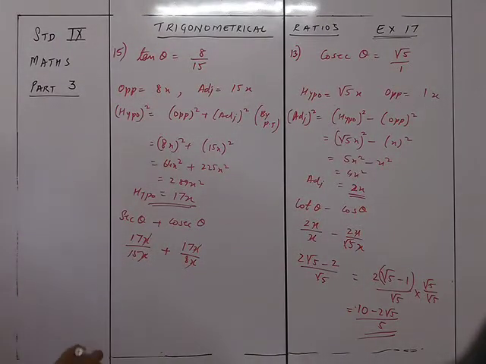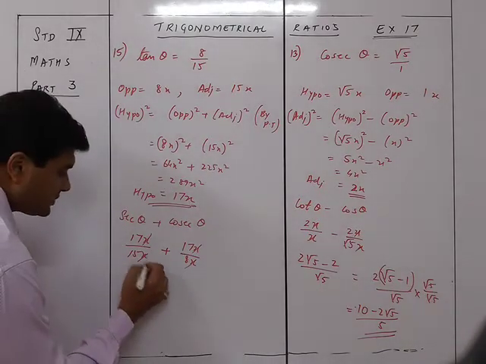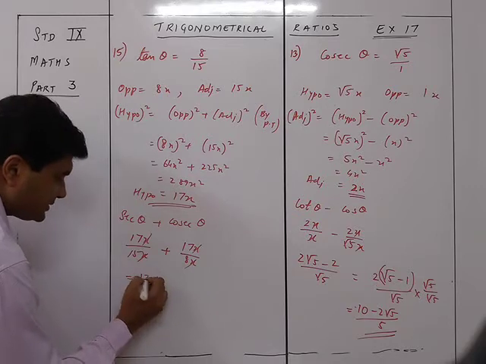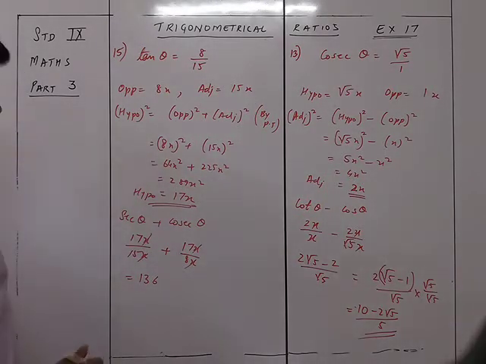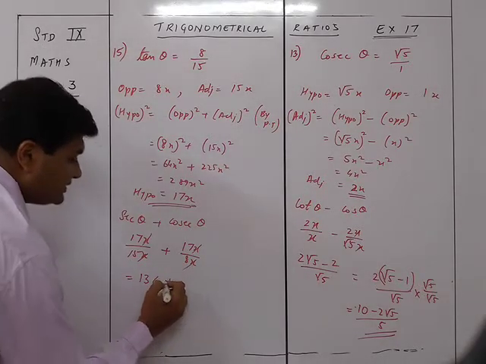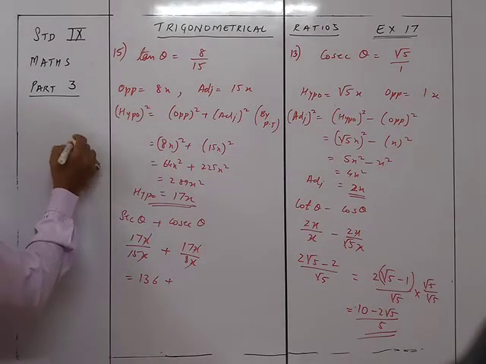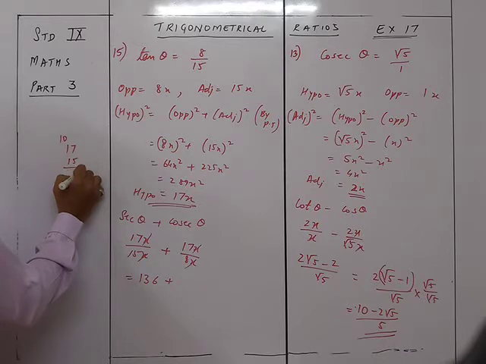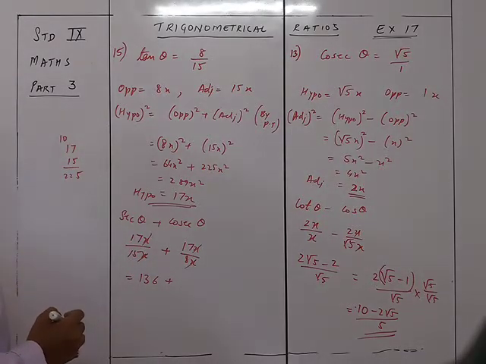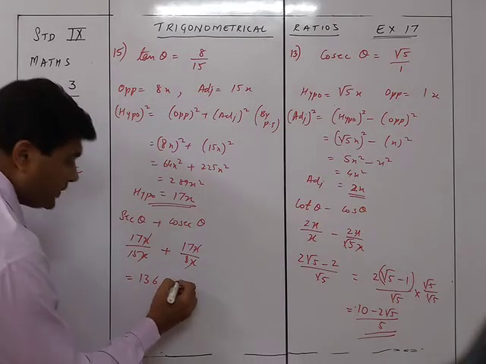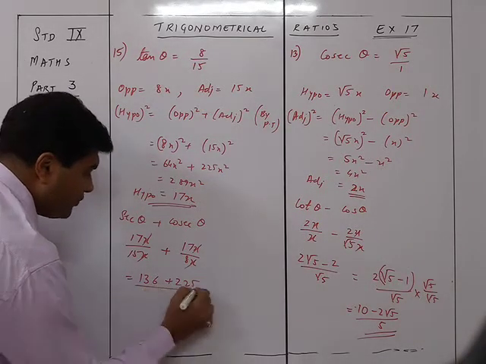What is remaining is 17 into 8, that is 136, plus 17 into 15. 17 into 15, 5 sevens are 35, 15, 25, so 225, upon 15.